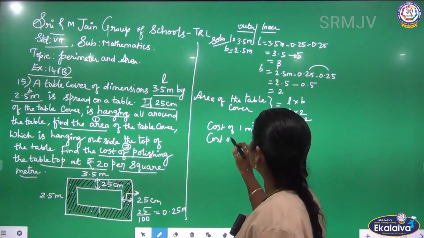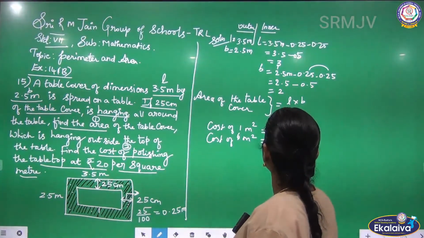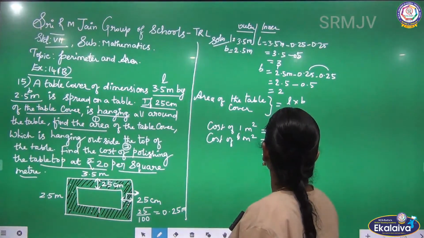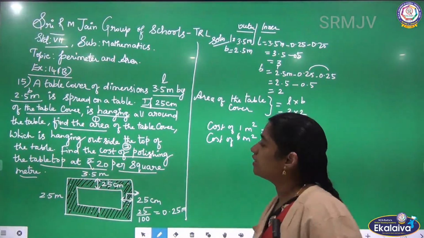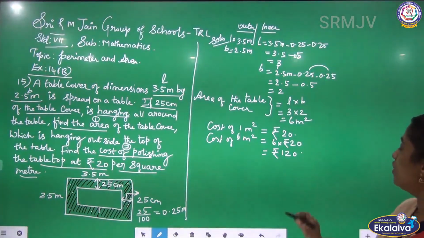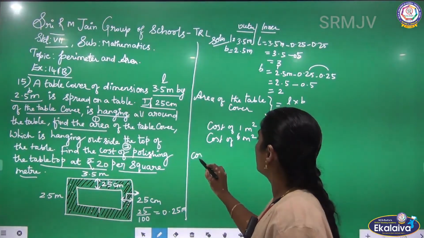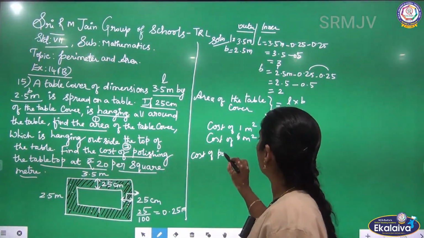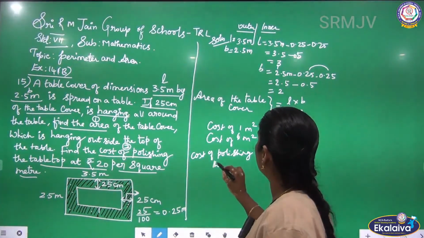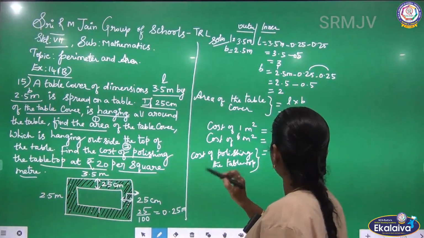Now, cost of 6 meter square is equal to 6 into rupees 20, which is nothing but 120. Got it? So the cost of 6 meters square is rupees 120. This is the cost of polishing the table top. Got it, children? Okay.